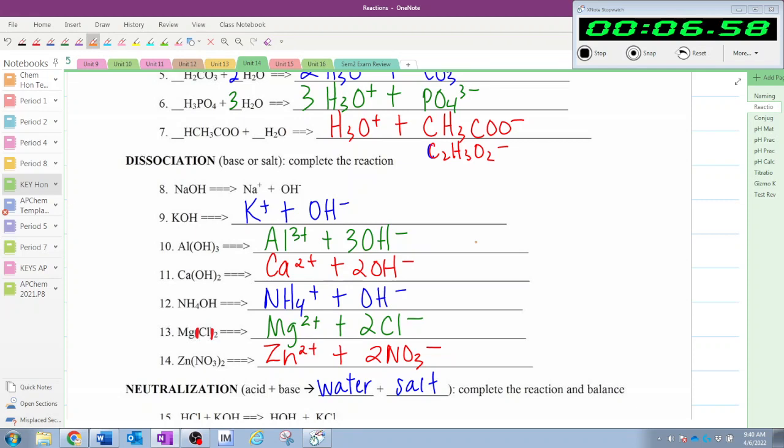Questions on the dissociation equations?